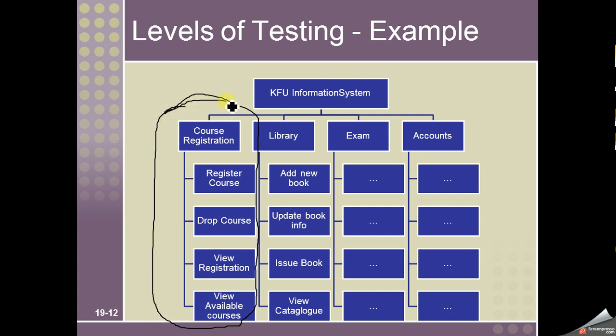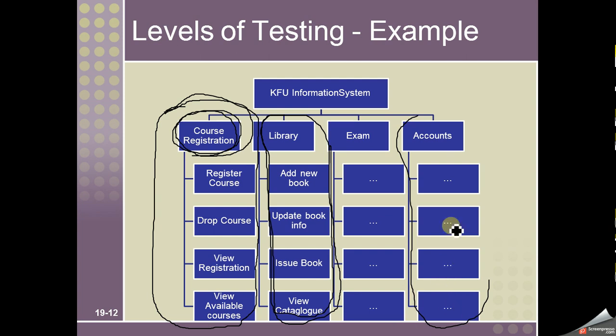We will test this entire subsystem as a whole, in which the different dependencies of the events will also be tested. Similarly, in the library subsystem, this entire subsystem will be tested as a whole unit. Similarly, accounts, all these events will be tested as a complete unit or a complete program, right?